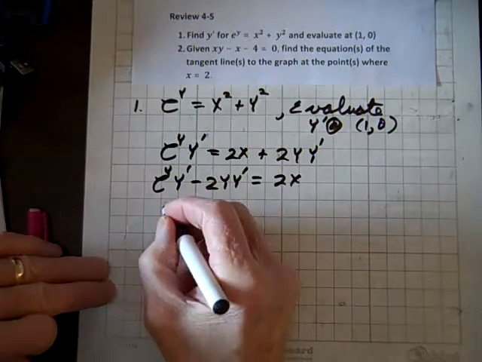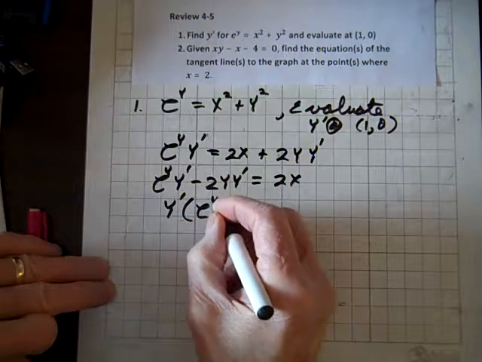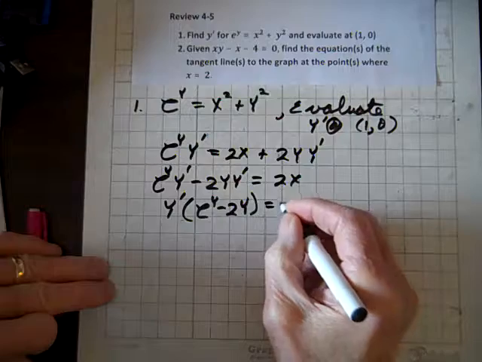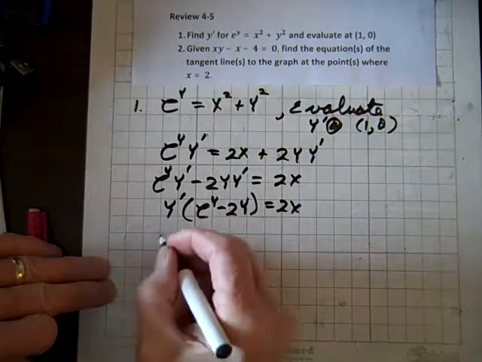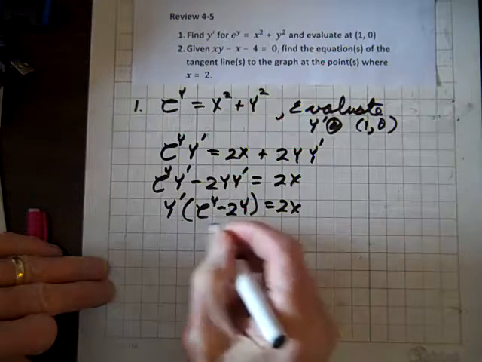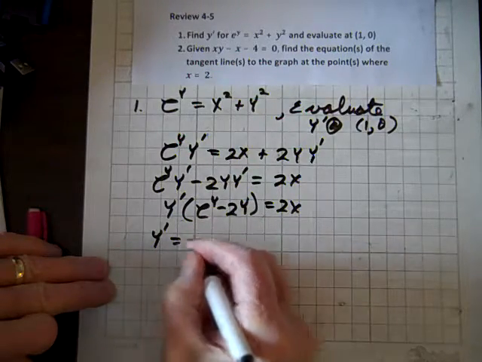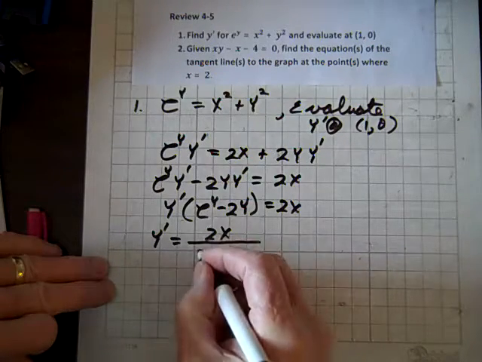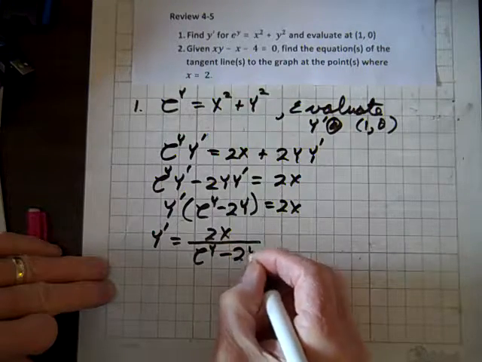Now we'll factor y prime out of each term: y prime times (e to the y minus 2y) equals 2x, and now we'll divide through by this factor, and so we have y prime equals 2x divided by e to the y minus 2y.